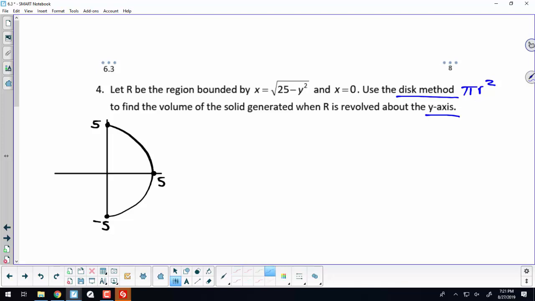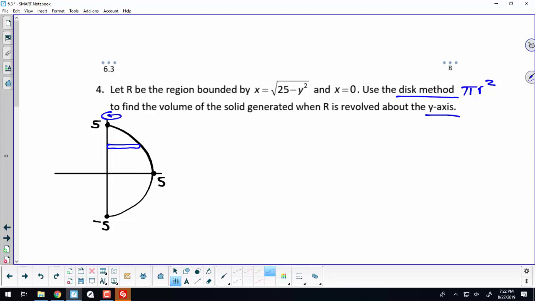We're going to say I'm taking that region and I'm revolving it around the y-axis. So if I'm revolving it around the y-axis and I have to use the disk method, my disks, or my rectangles, or my cross-sections, however you think of that, they have to be perpendicular to the axis of revolution.